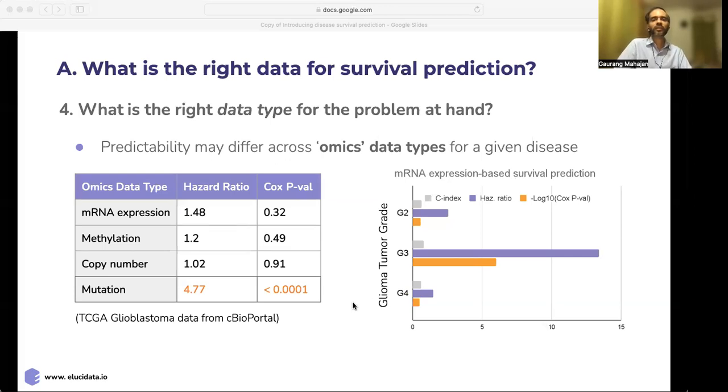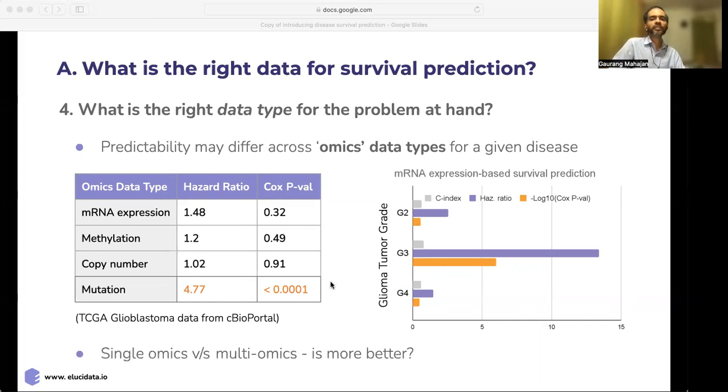In the right figure, the prediction performance of a single data type, gene expression profiles, is compared for related diseases. Here, it's different grades of glioma. Again, the differences in predictability are quite apparent. So examples like this one illustrate that there can be differences in the value that a data type brings to a given problem setting, and it's good to be mindful of this possibility.